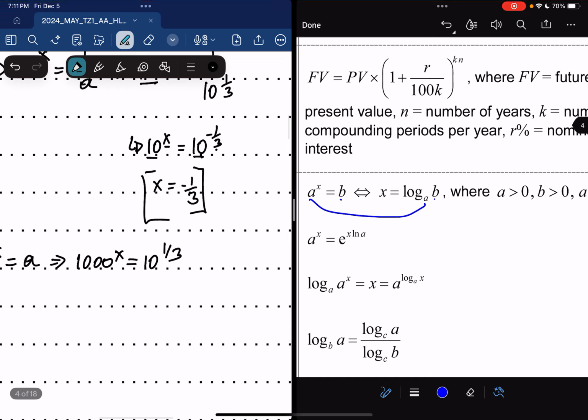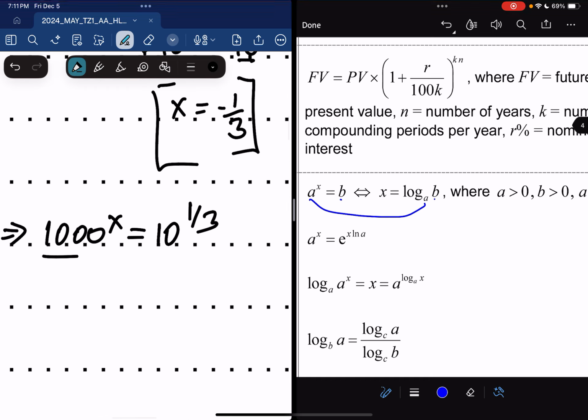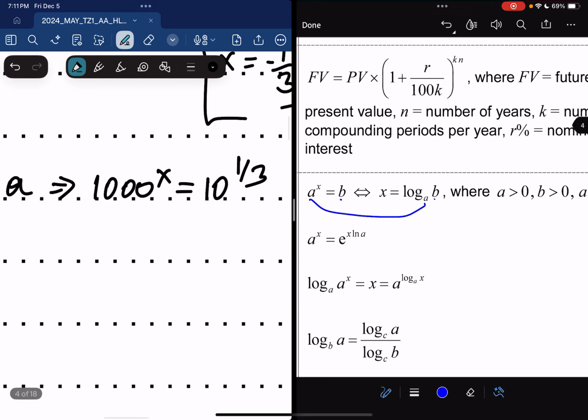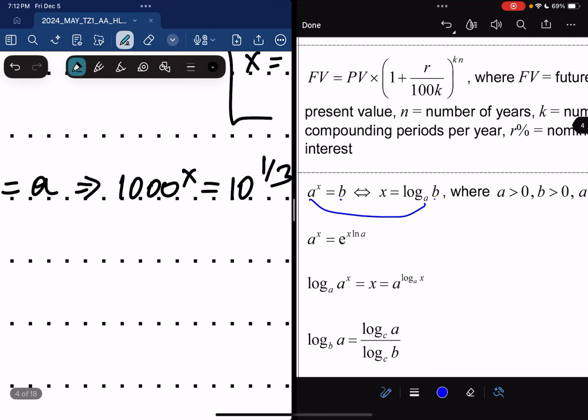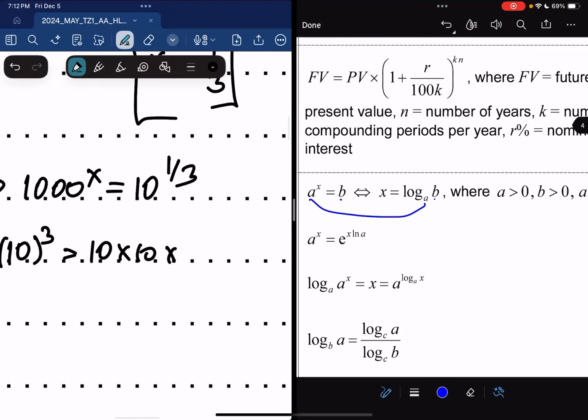Once again, we need to figure out a way to reduce them to the same base, which in this case is going to be 10, because that's the lowest base we can get from here. So what is 1,000? 1,000 is the same as 10 to the power of 3, because 1,000 is 10 times 10 times 10.